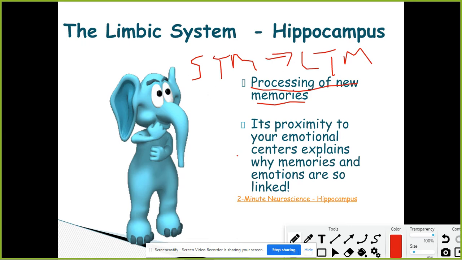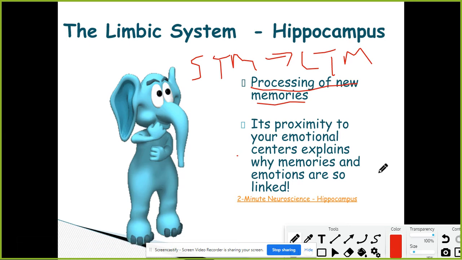And that's what's called encoding of memory. And then it also helps with retrieval of memory. So the hippocampus does not store memories in it.